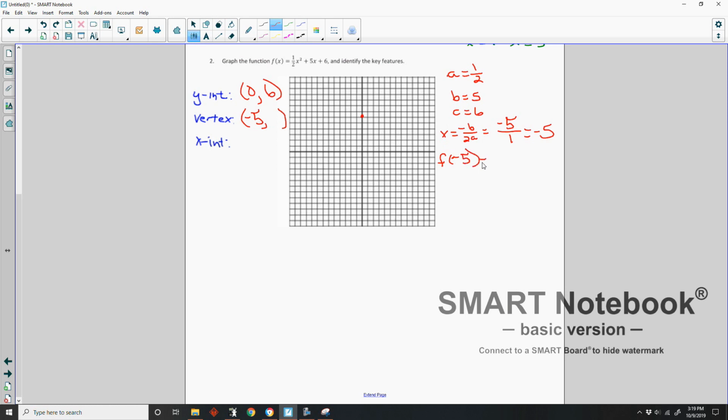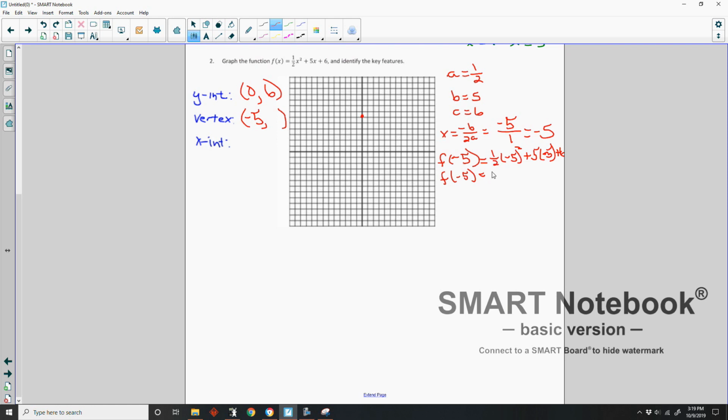f of negative 5 equals 1/2 times negative 5 squared plus 5 times negative 5 plus 6. So that's going to equal negative 5 squared is 25.